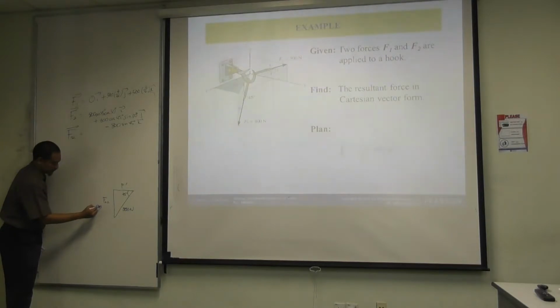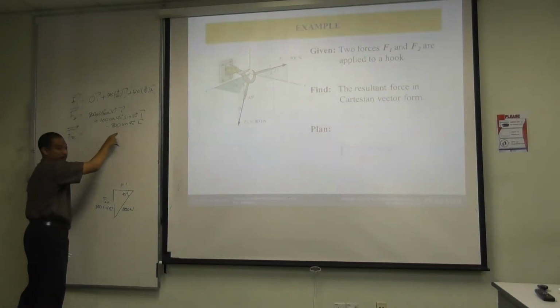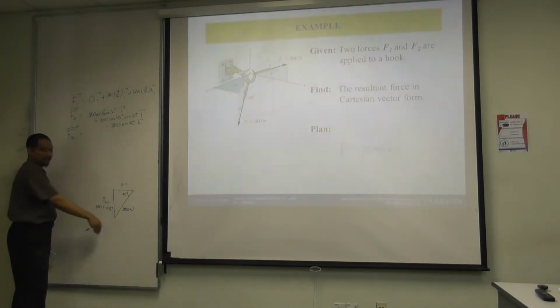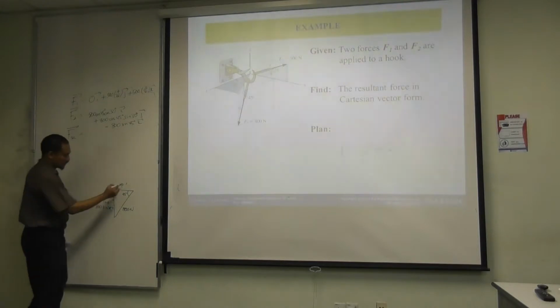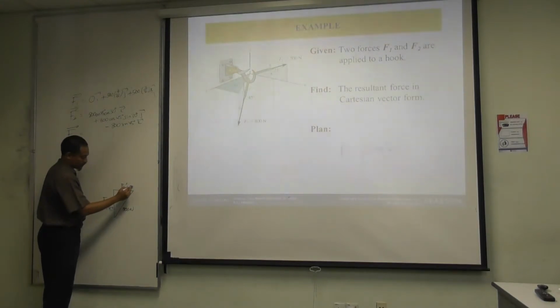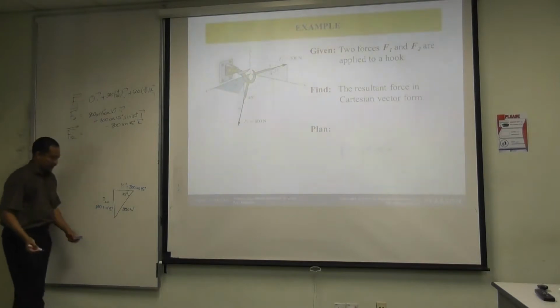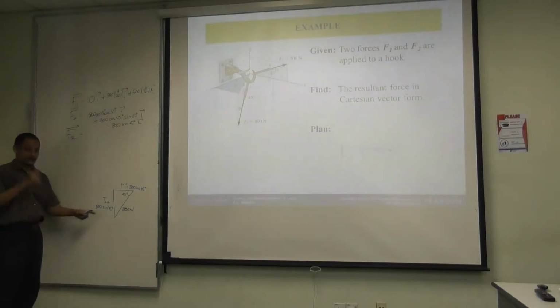Sine 45 degrees, right? So straight away this one. Obviously it's negative because it's going down. What about F prime?